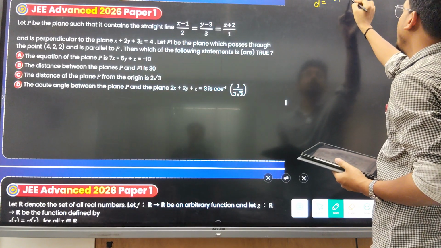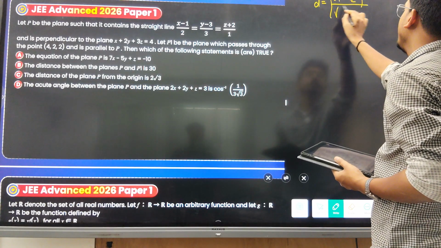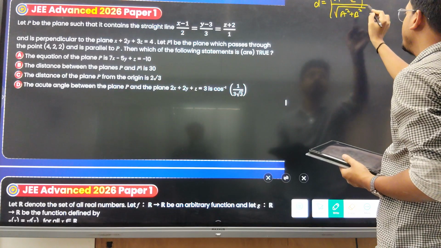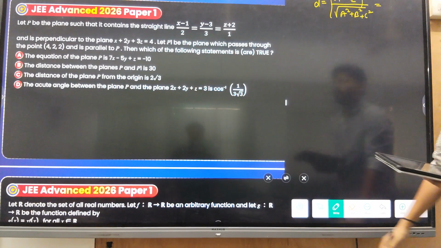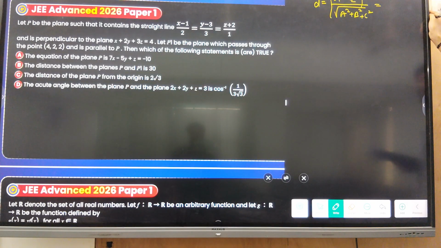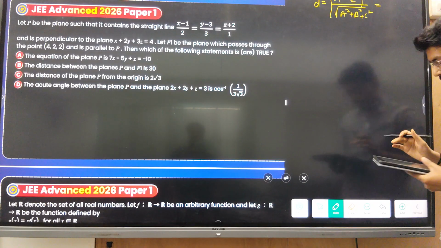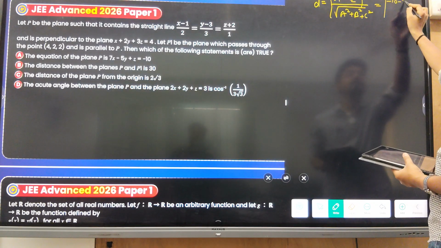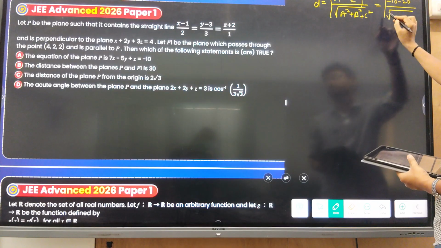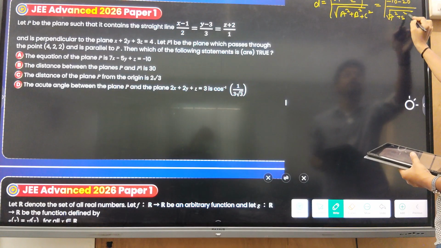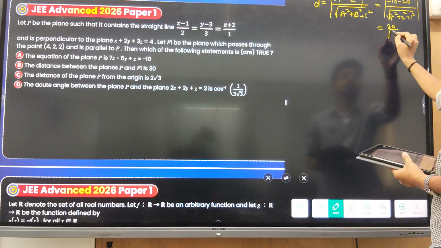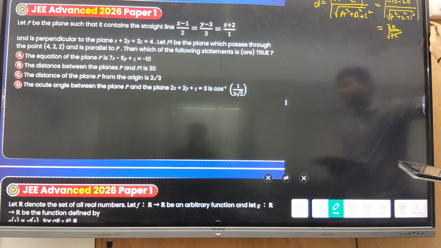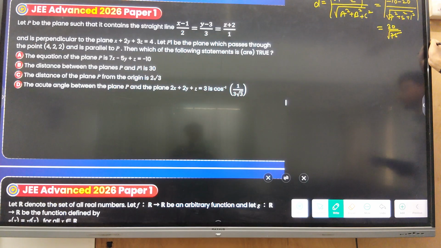D equal to (d1 minus d2) upon the square root of a square plus b square plus c square. So we know the values of d1 and d2 for the planes P and P1. After putting these values, minus 10 minus 20 upon the square root of 7 square plus 5 square plus 1 square, we are getting 30 by root 75. So option B is wrong.